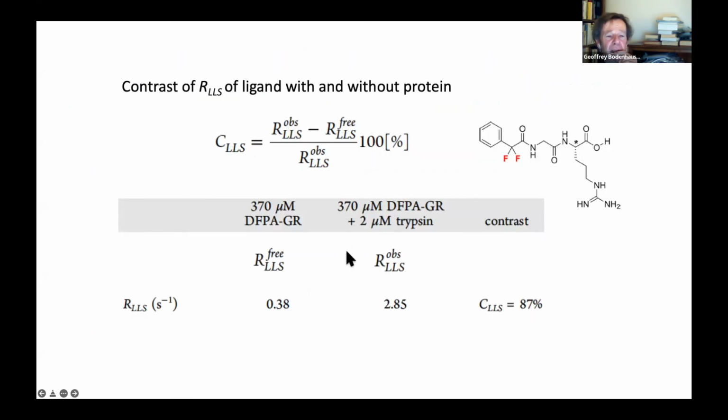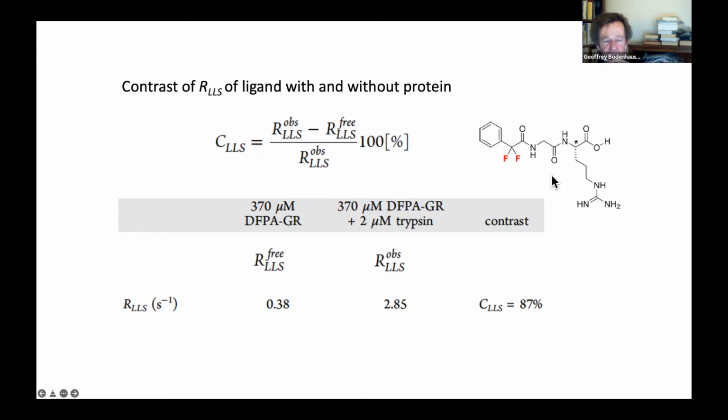In fact, we defined this in one of these papers, the contrast. So this is a contrast for a long-lived state experiment, which is the observed rate of the mixture, from which we subtract the rate of the free ligand without protein, divided by the observed rate, and then multiplied by 100 so that we end up in units of percent.